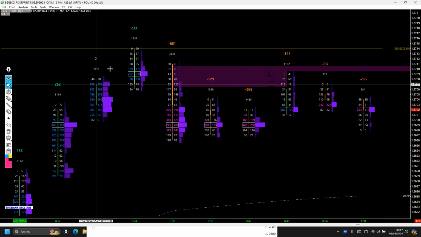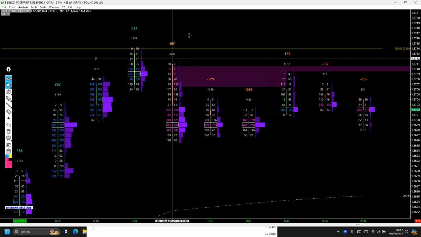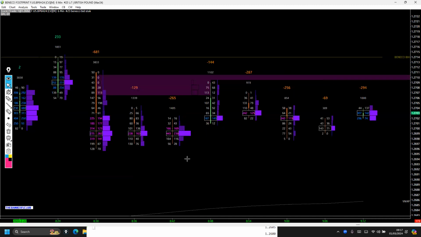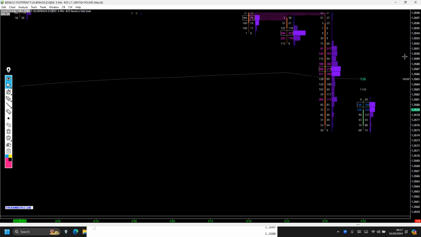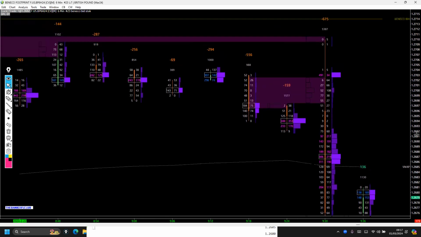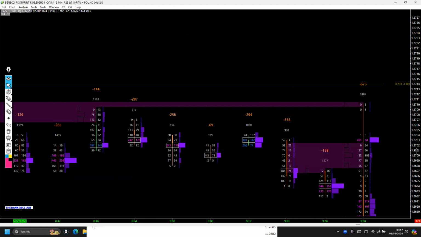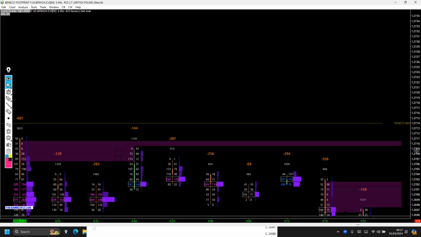So here we can see we had aggressive buying into the area. We then had a switch in order flow to the sell side, creating a stacked imbalance. We came back up, tested it, started auctioning down again. And then look, something's happened here. There's that stacked imbalance, partially filled, still a little bit there.